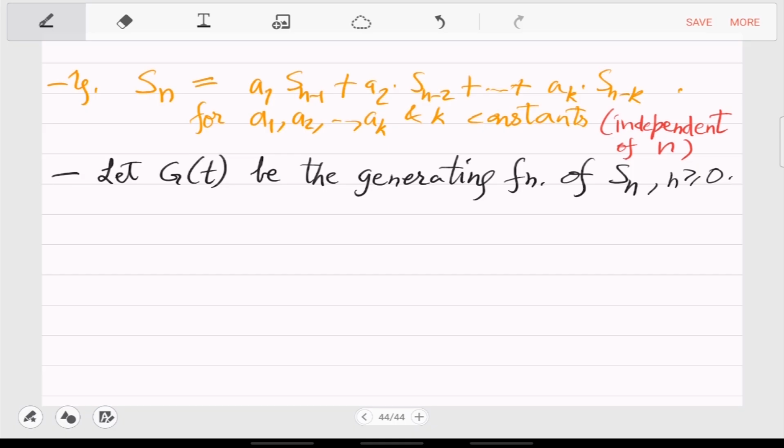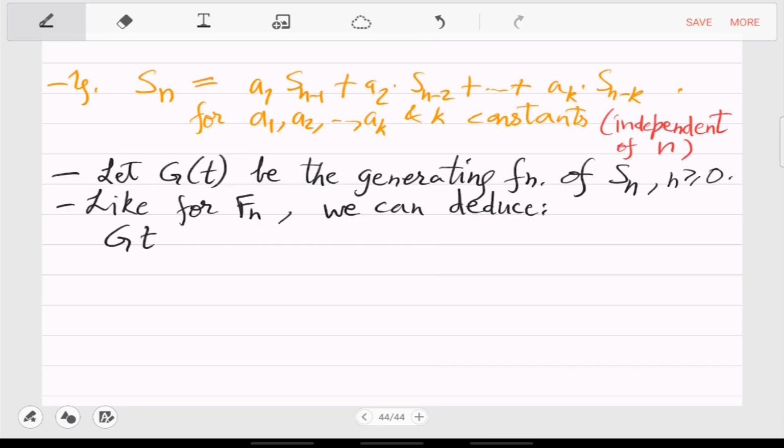So like before, like for Fn, we can write or deduce that g of t will be a rational function which will look like this.